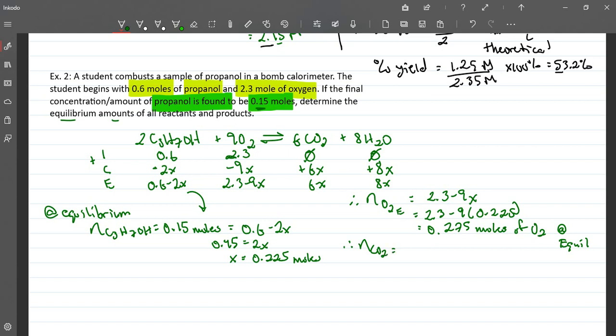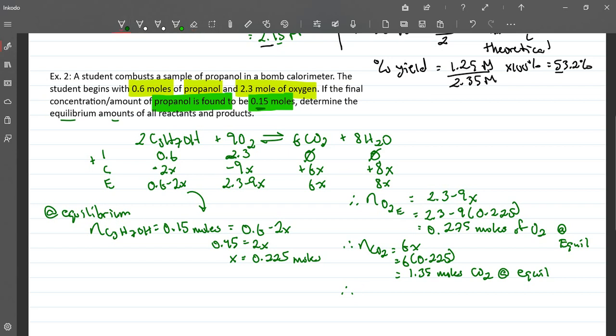Our expression for CO2 is 6x. Last one, number of moles. Getting ahead of myself here.